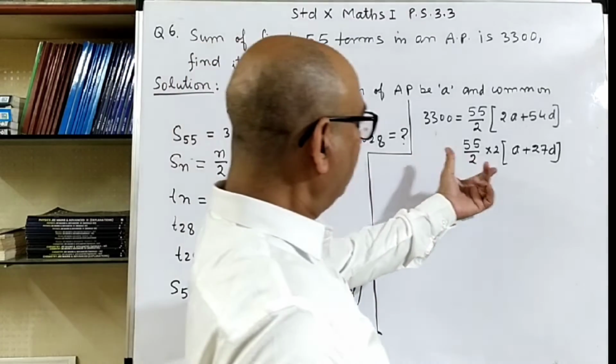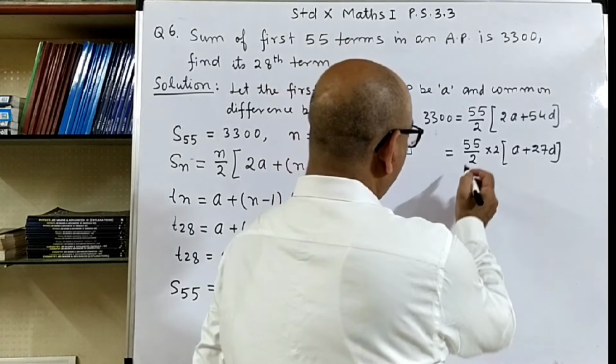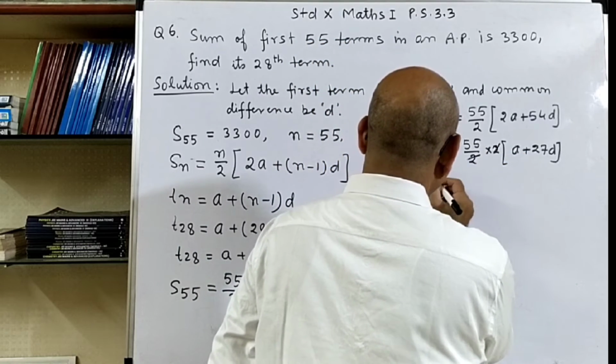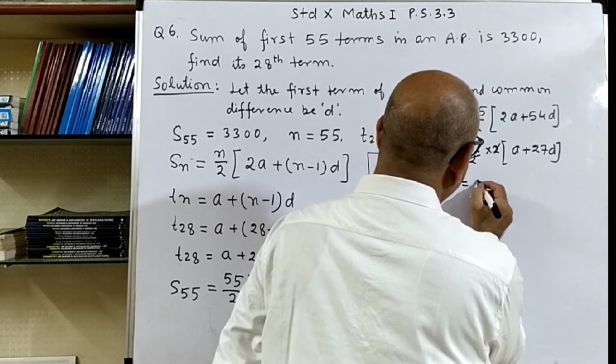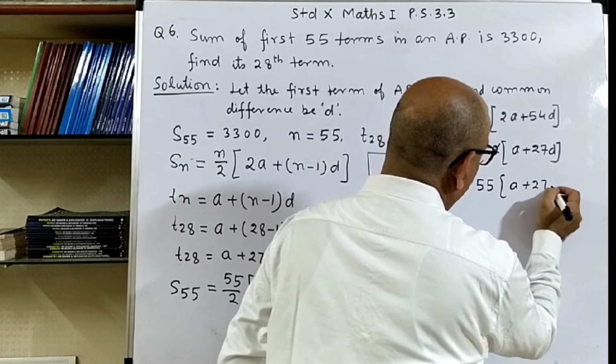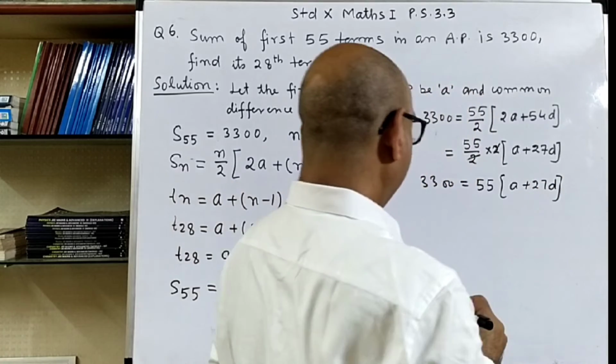So we have to find out the value of this from here. 2 and 2 are cancelled out. This is equal to 3300. This is equal to 55 times a plus 27d.